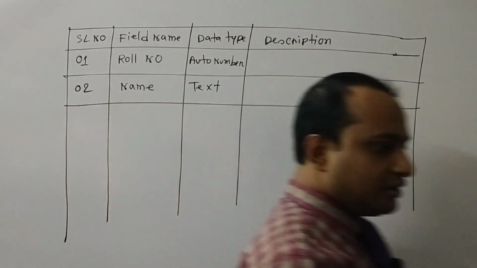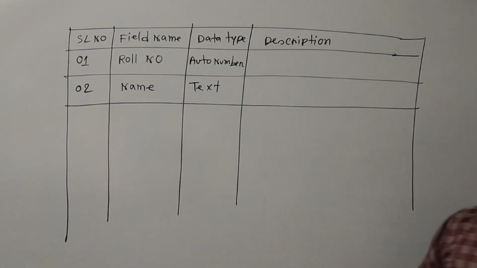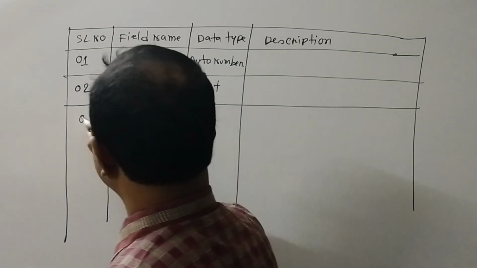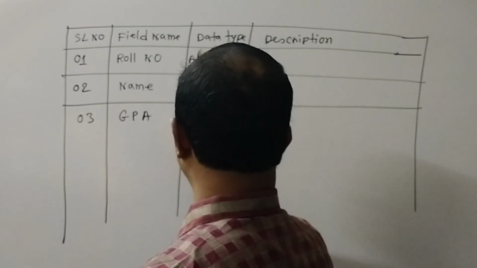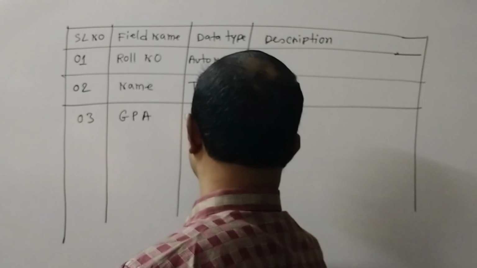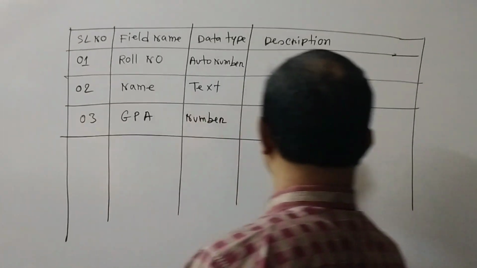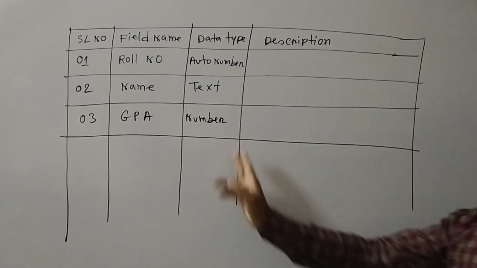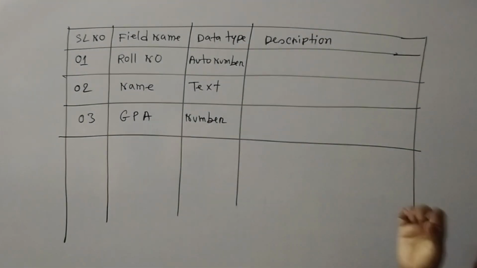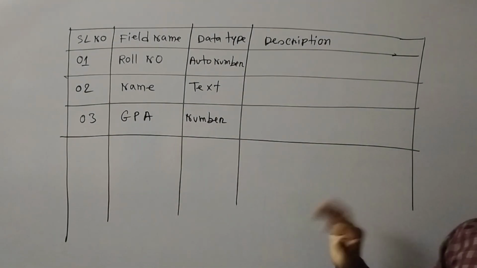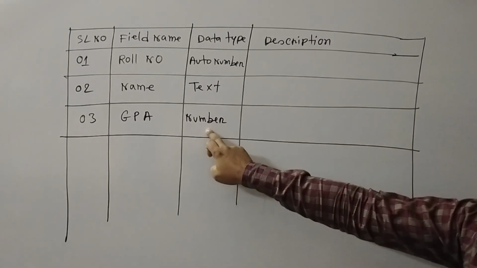And number 3 column is GPA. It will be number because GPA may be 3.50, it may be 4, 5, 1, 2, etc. So all are number.